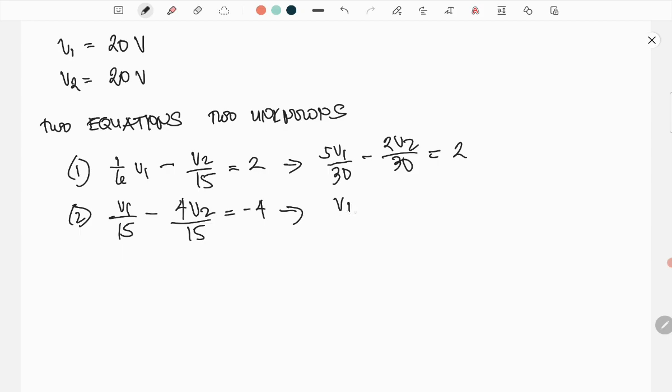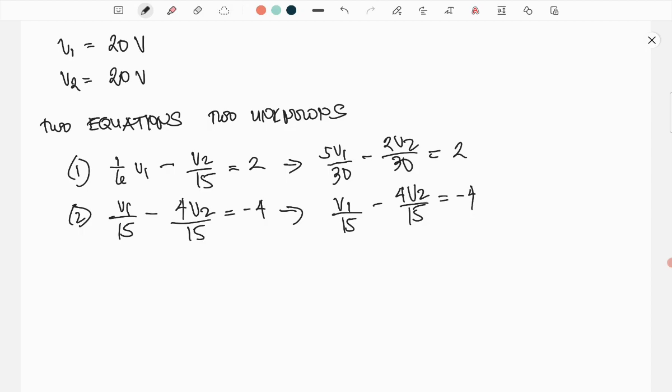So we have V1/15 minus 4V2/15 is equal to negative 4. Again, the ultimate goal is to eliminate the denominators so that it is easier to eliminate one of the variables, say V1 or V2.